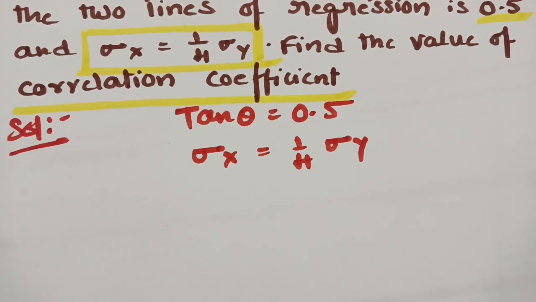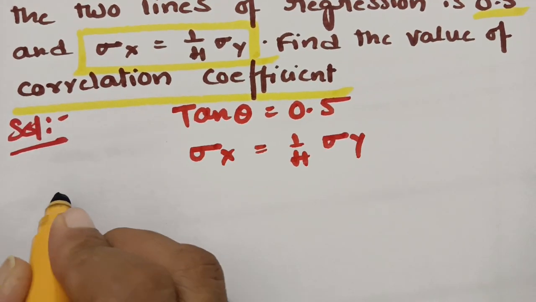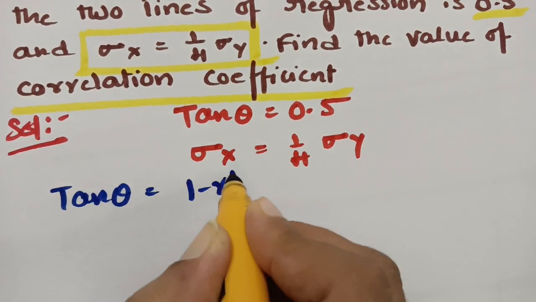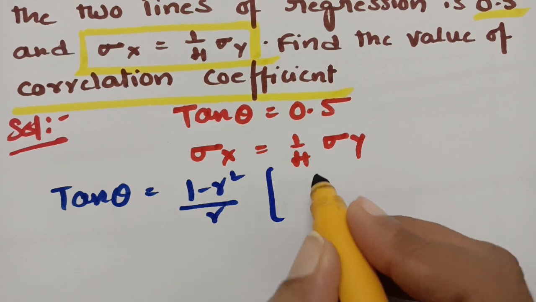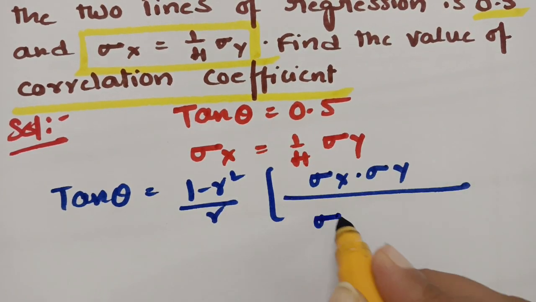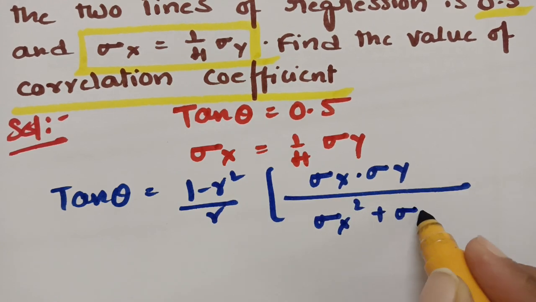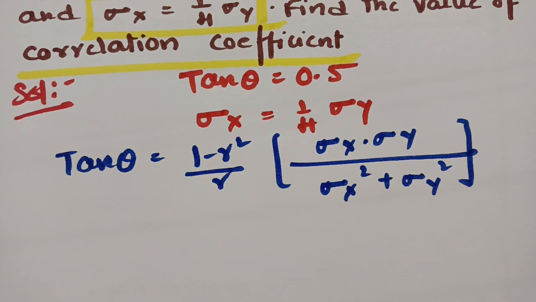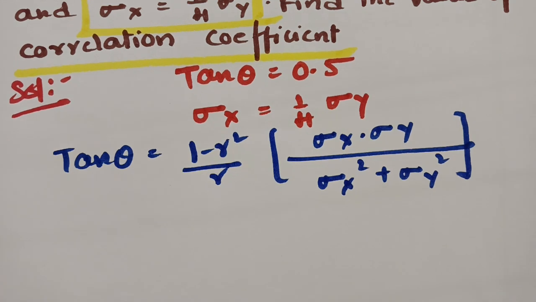For that, see here, as you know that the tan theta value, the angle between the two regression lines, is given as 1 minus r square by r into the product of the standard deviations, sigma x into sigma y, by sigma x square plus sigma y square. And now we have to substitute our values. What is our tan theta value?